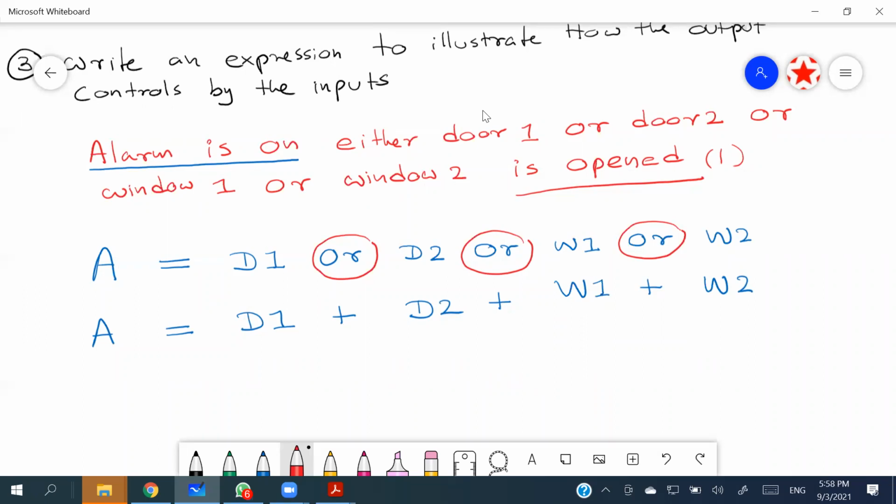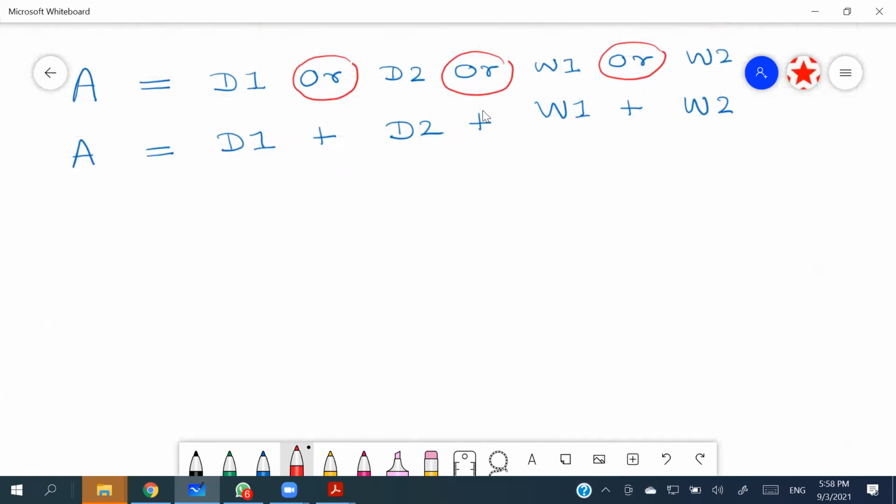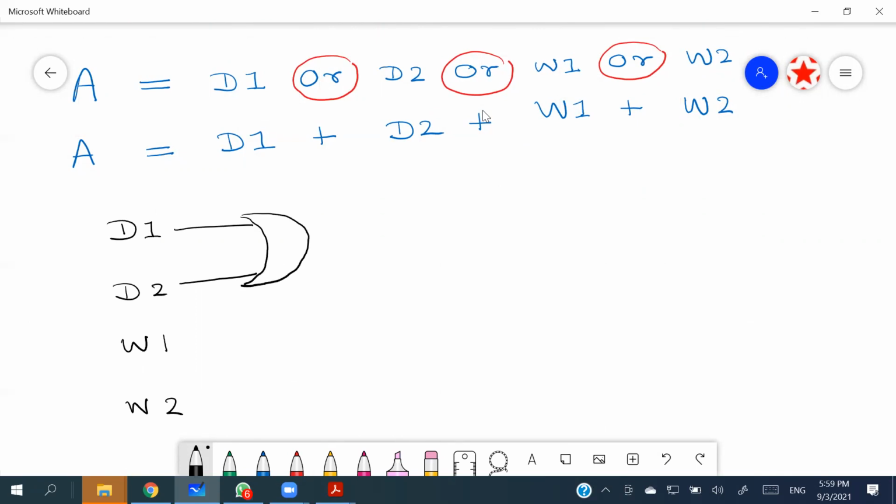So once we have this kind of an equation, it is very easy for us to draw our circuit. Now in your book, they have used 3 OR gates to complete this, assuming an OR gate has only 2 inputs, right? So how are we going to draw it? We have D1 over here, D2 over here, W1 over here, and W2 over here. We take lines from D1 and D2 and send them through an OR gate, and we take W1 and W2 and send them through another OR gate.